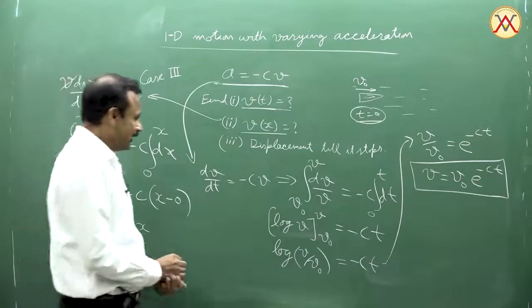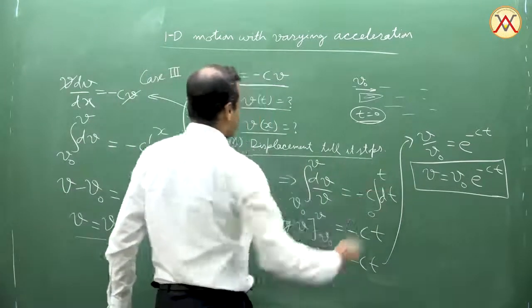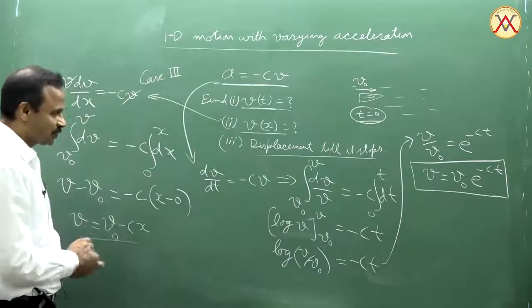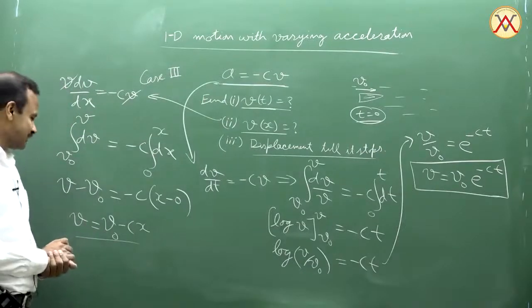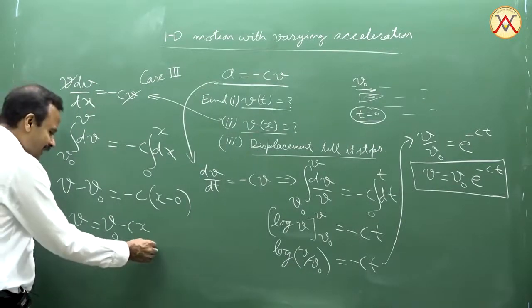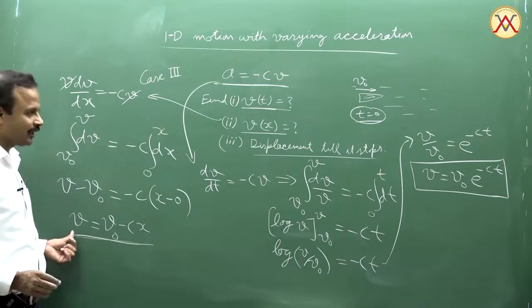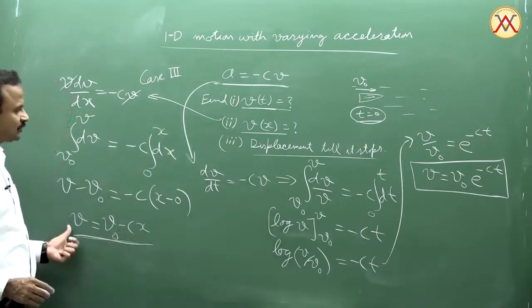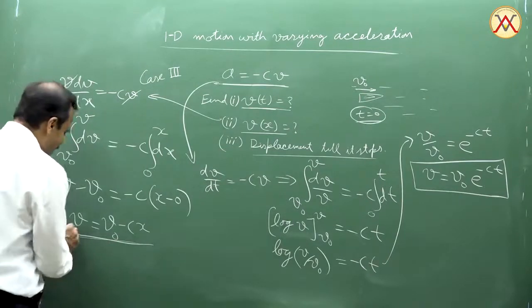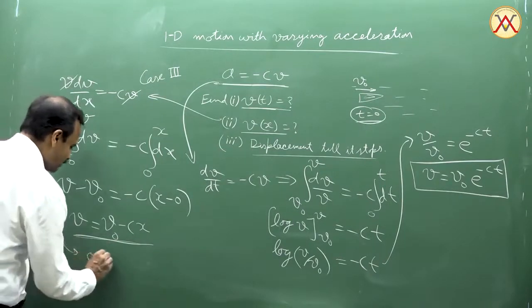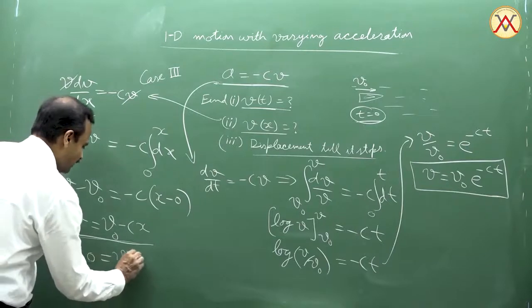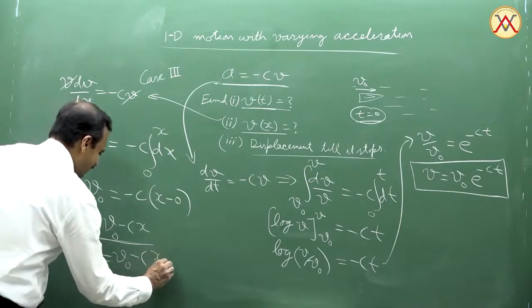Now the final part, we have to find displacement till it stops. That we can get very easily just by putting v equal to 0 here, because till it stops means v equal to 0. So for the third part, I am putting v equal to 0 here. So 0 is equal to v naught minus c x naught.